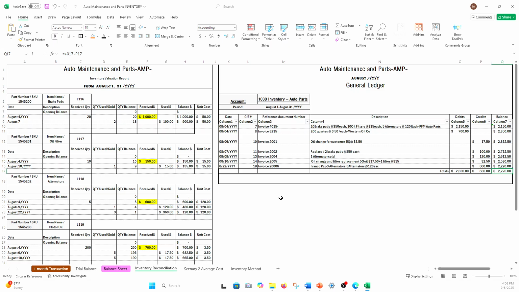Again, you have to reconcile, you have to compare every single thing that is saved. This is part saved, and this is part used. So part received here in inventory is equivalent, or should be the same, as total debits. And part used in here in inventory should be equal to the credits in accounting.